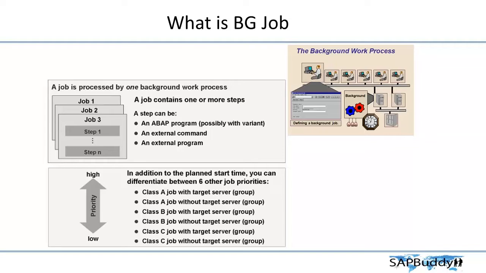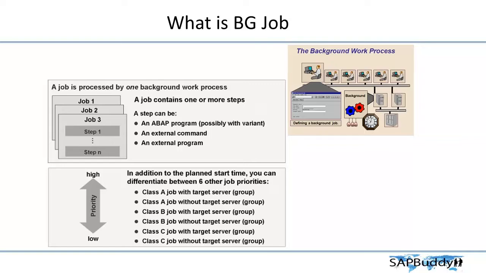And you may schedule more than one job, or multiple jobs, at the same time. So how can SAP understand which job needs to be executed first and which job needs to be executed second? For that we have job class.